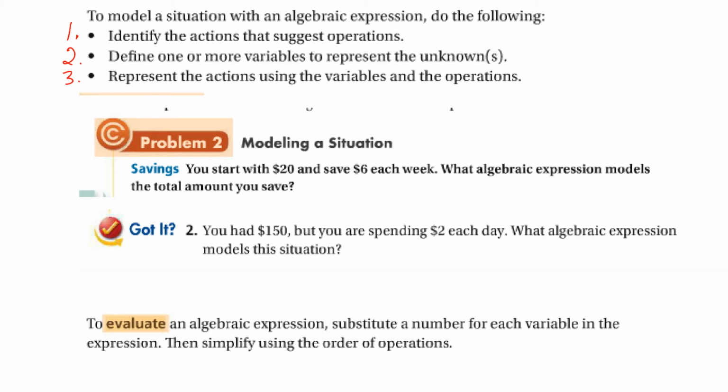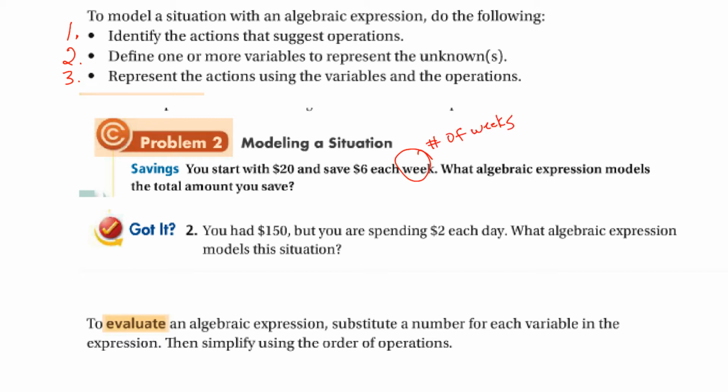If I look here at problem 2, you start with $20 and save $6 each week. What algebraic expression models the total amount that you save? I start with 20 and save 6. That suggests addition. What do I not know? I don't know the number of weeks.